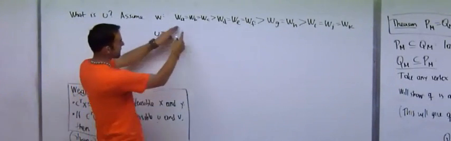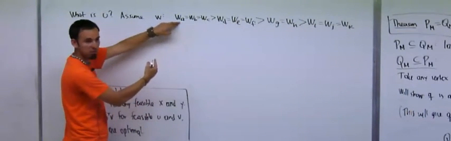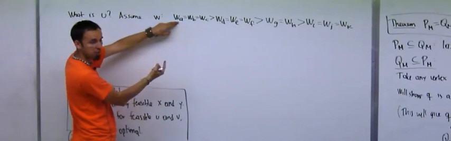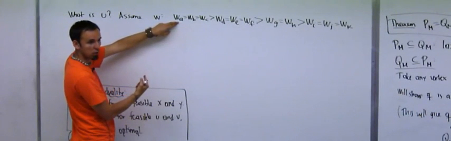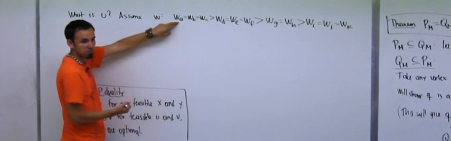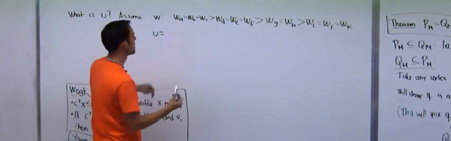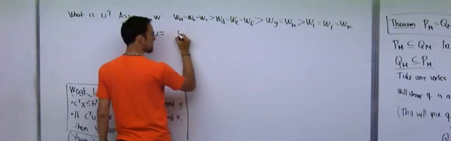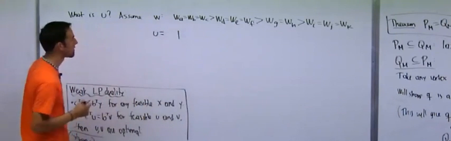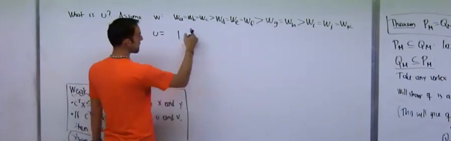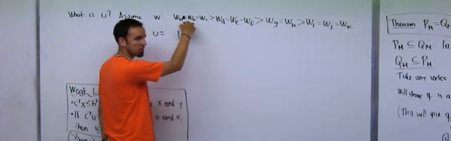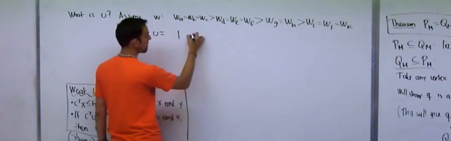So that means A is the most expensive element of the matroid. I should take it as long as it's not a loop. If it's a loop, I can't take it because it's not independent. But I should take it if it's independent. Then how about B? Well, I should take it if AB is independent. Otherwise, I can't.